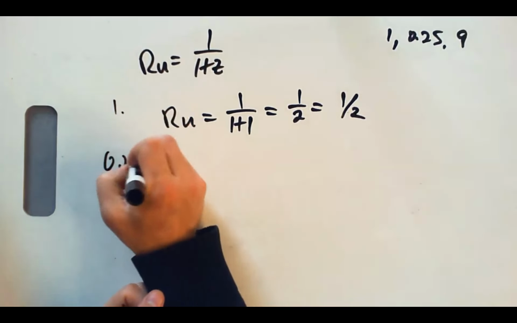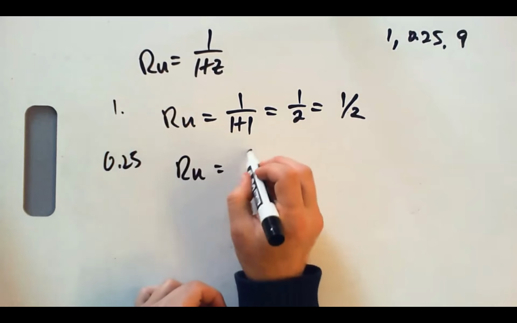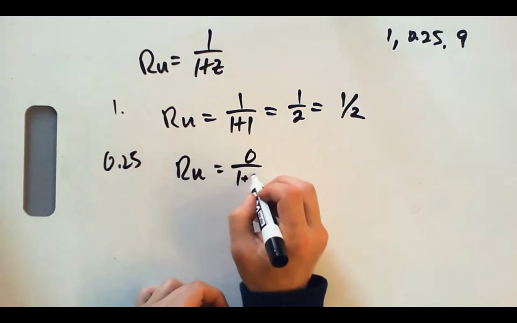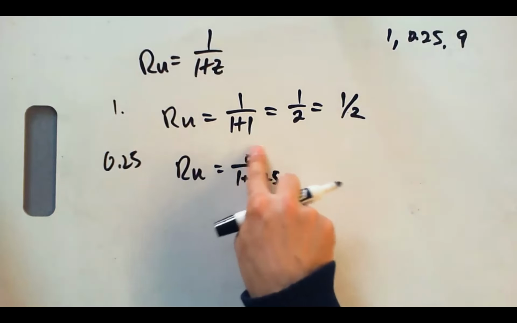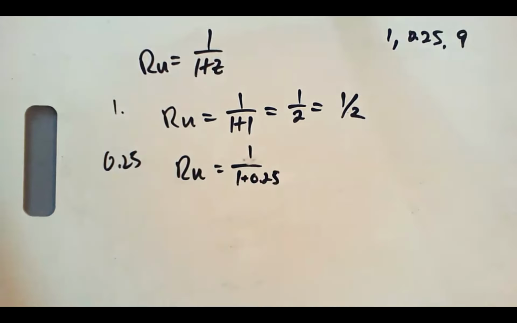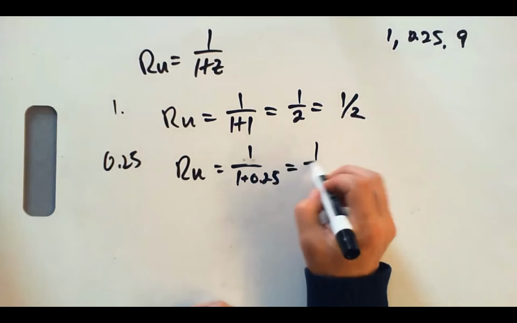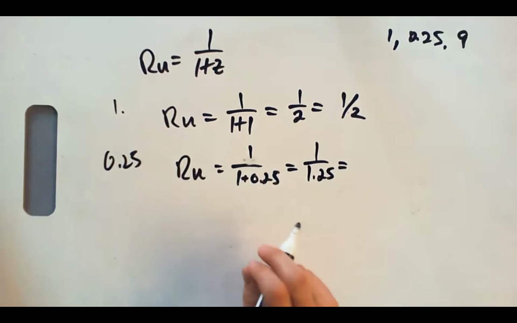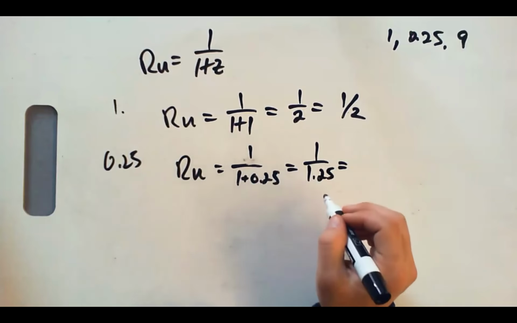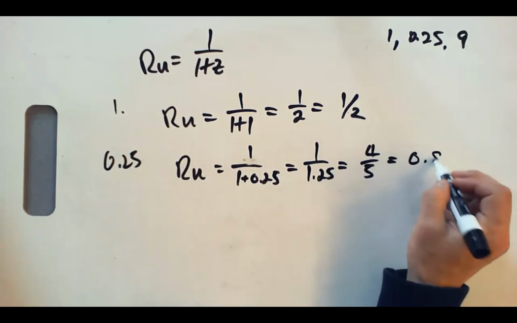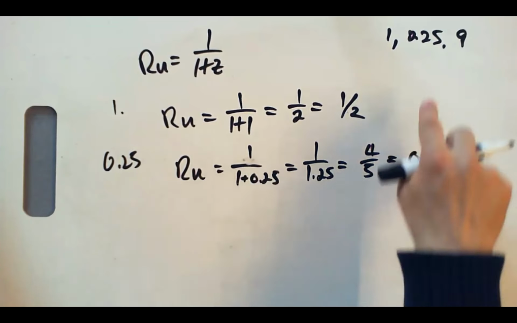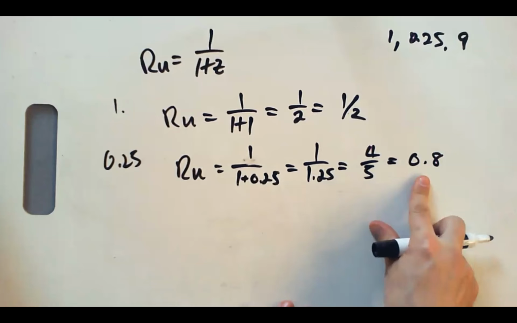For z equals 0.25, R equals 1 over 1 plus 0.25. And that is 1 over 1.25. You can do that on your calculator if you want. That's also 4/5, or 0.8, right? So the smaller the z value is, the larger the universe size was.